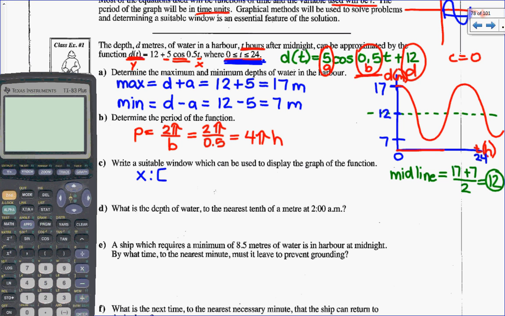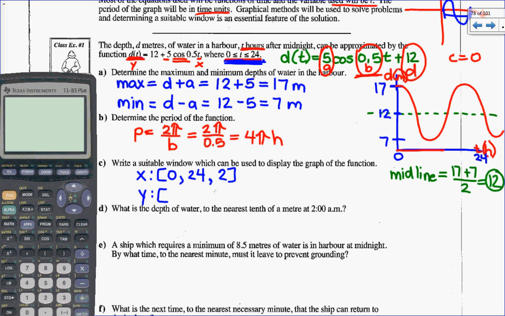So in other words, they've given us our parameters for our x-axis. So we're going from 0 to 24, and you can go up by any scale, sometimes 1, sometimes 2. Since we have a span of 24 units, let's go up by 2. Our answers could vary on this. We wouldn't all necessarily have to have the same thing, as long as you can see your whole graph, one whole period at least of your graph.